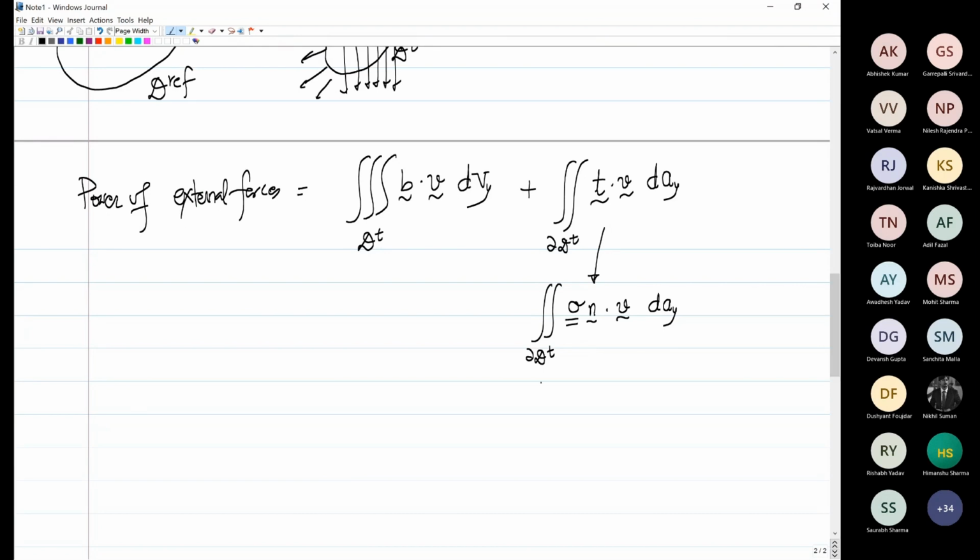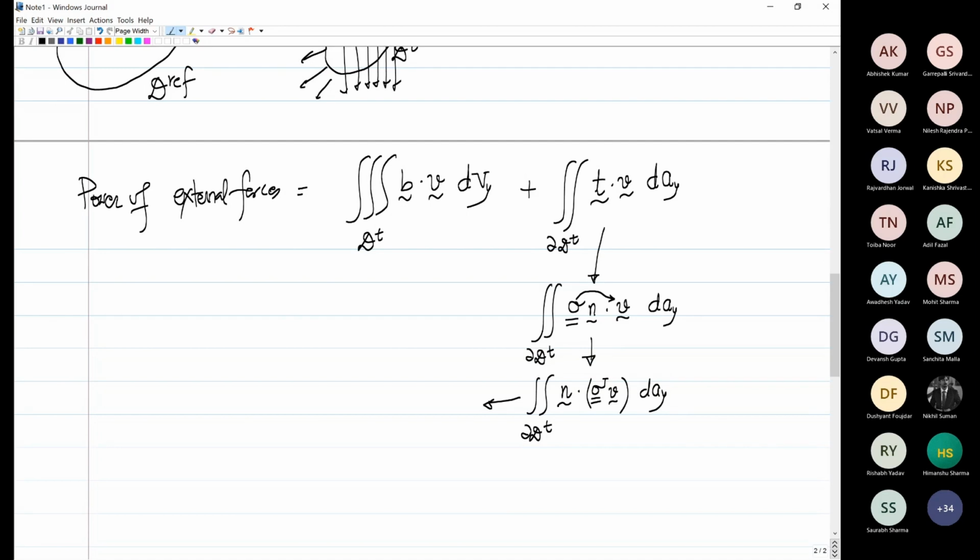All right, and then if you want to use Gauss divergence theorem, bring the sigma on the other side, and you have integral over the boundary of dt, n dot sigma transpose V. Okay, and this is now in a very convenient form for using Gauss divergence theorem, because sigma transpose V is like a vector.